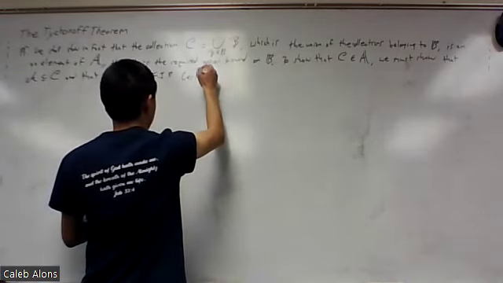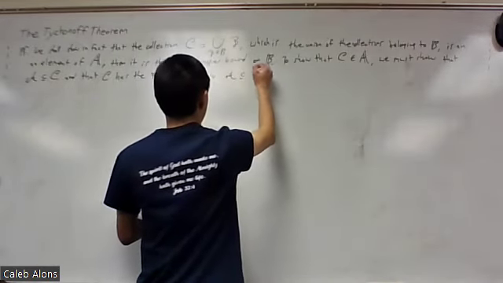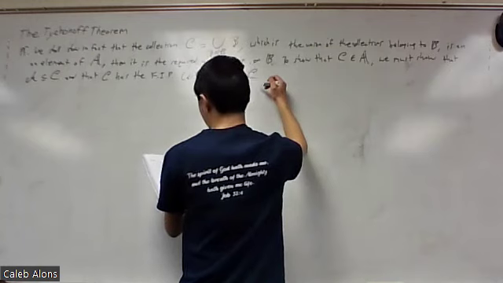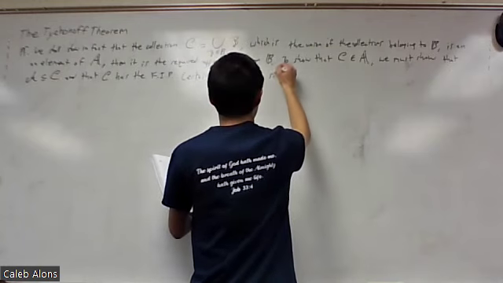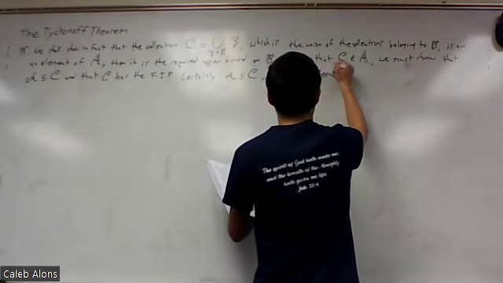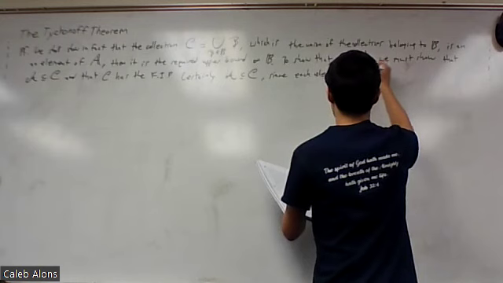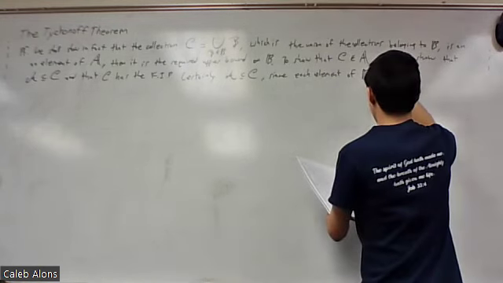Certainly the first part is easy. Script A has to be contained in script C just by how we define script C, since each element of our sub-superset from which we're defining C contains A.